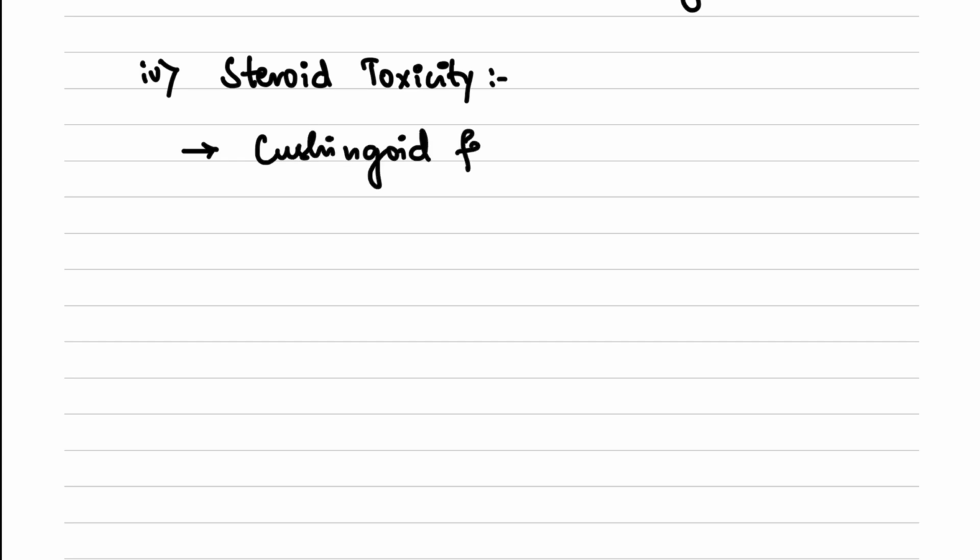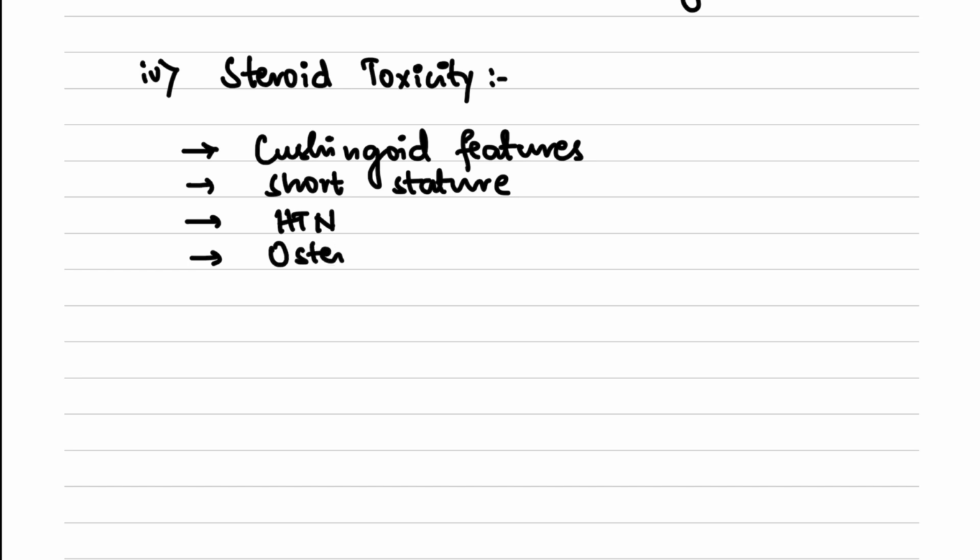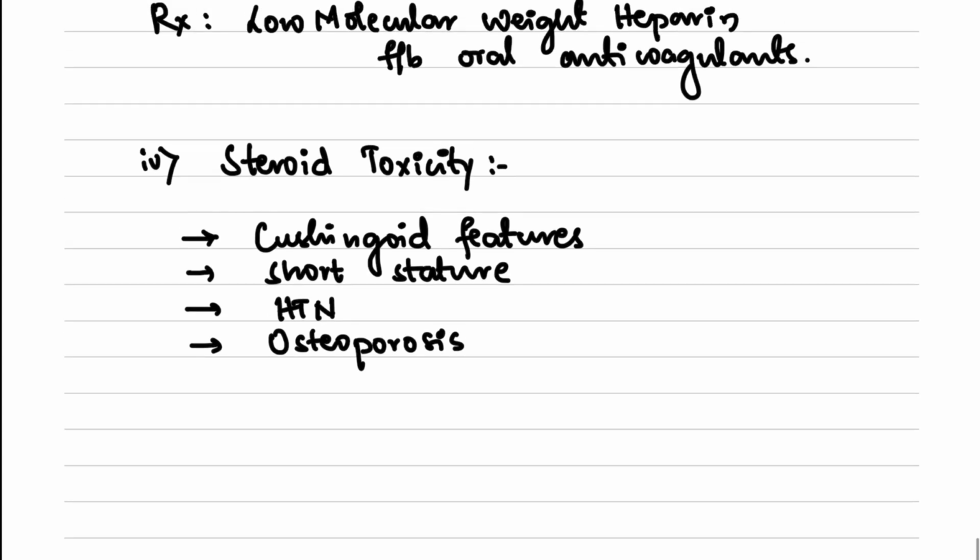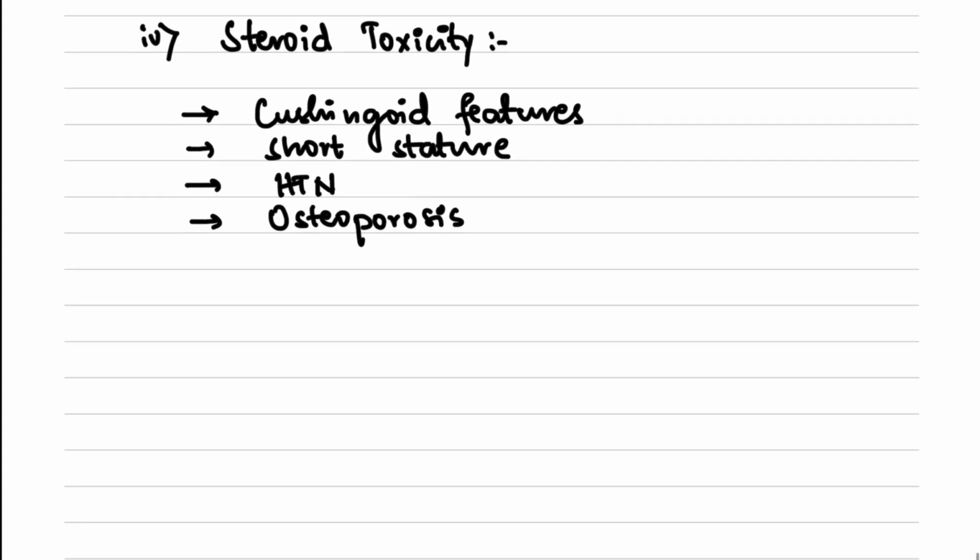The Cushingoid features are increased abdominal fat, buffalo hump, and the skin streaks seen below the abdomen. The patient can have short stature if the patient is in the pediatric age group. The patient can have hypertension as well as resulting osteoporosis because of excess steroids. So these are the complications because of steroid toxicity.